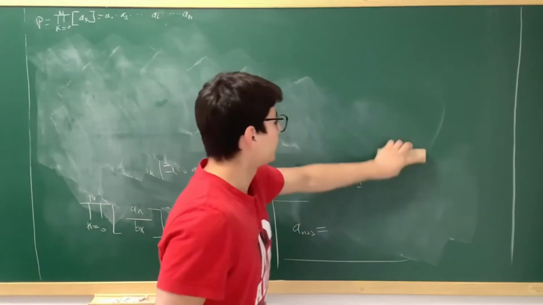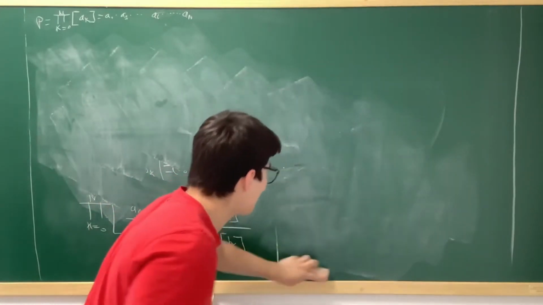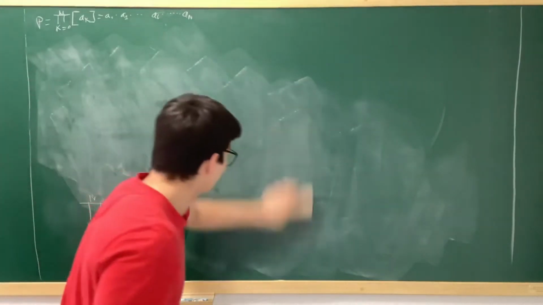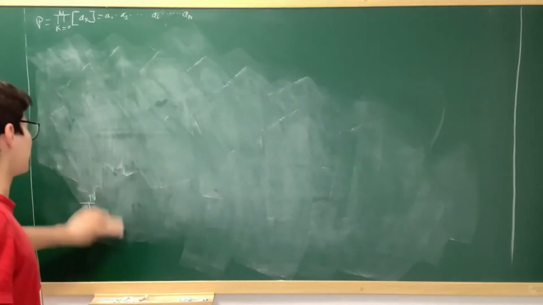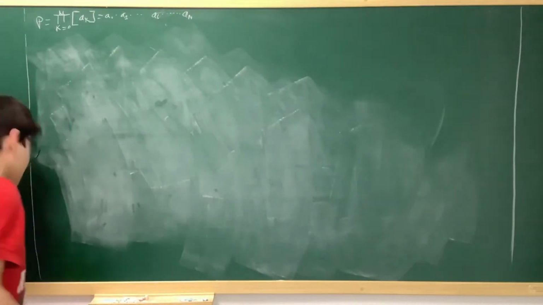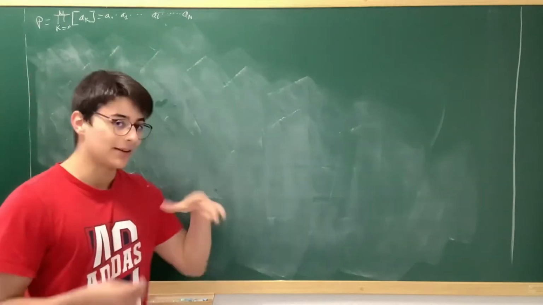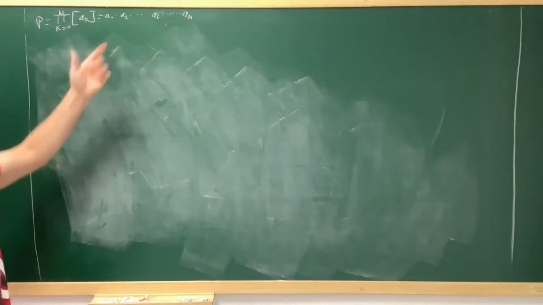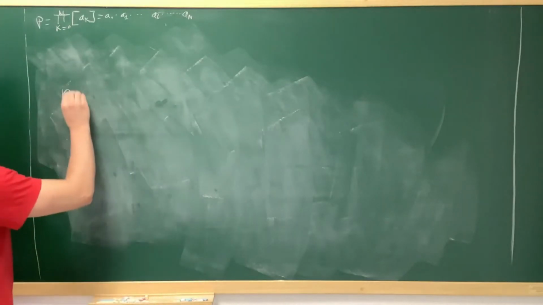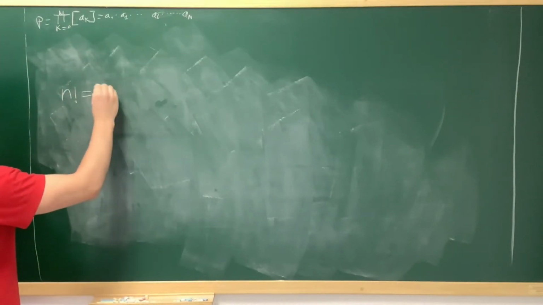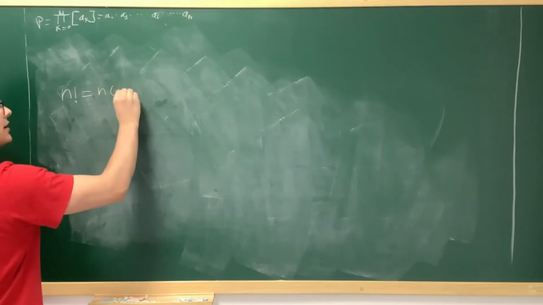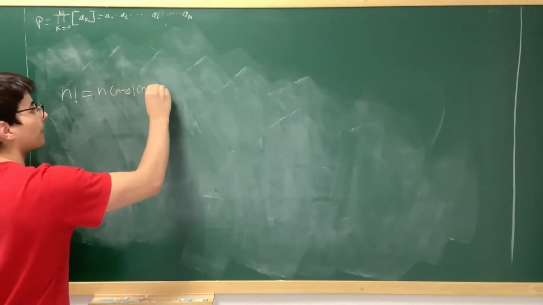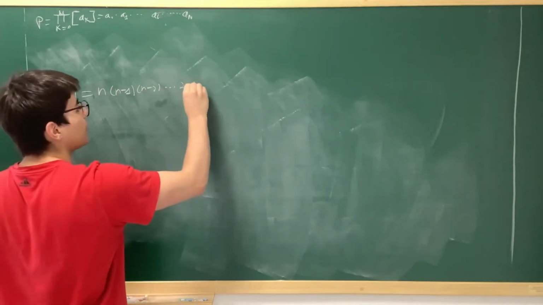So this product is really good and it's alright, but we can make it even stronger by realizing that some special products can be expressed like this. For example, n factorial. This is just n times n minus 1 times n minus 2, down to 2 times 1.